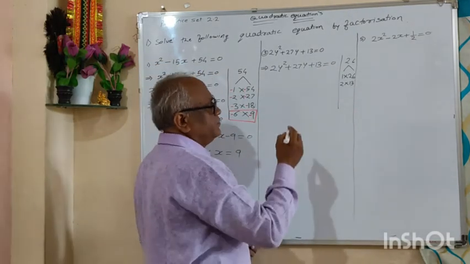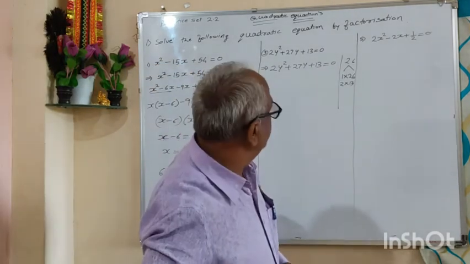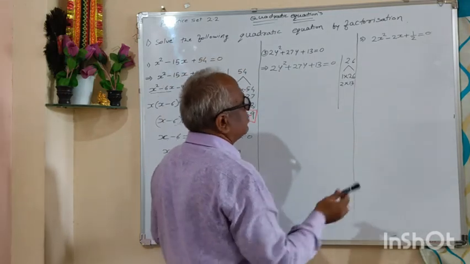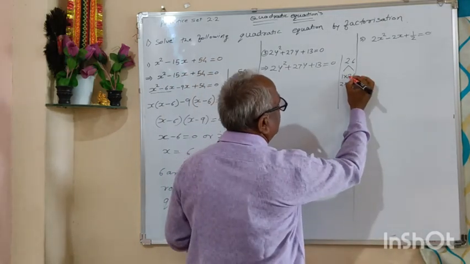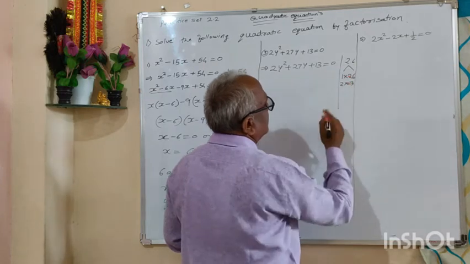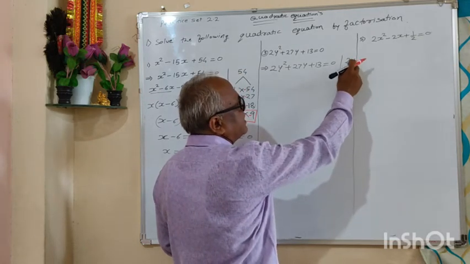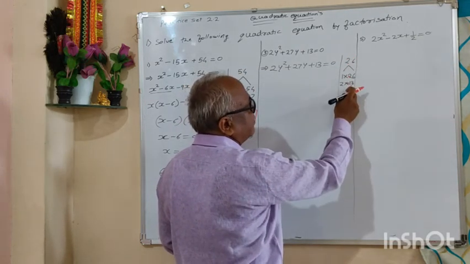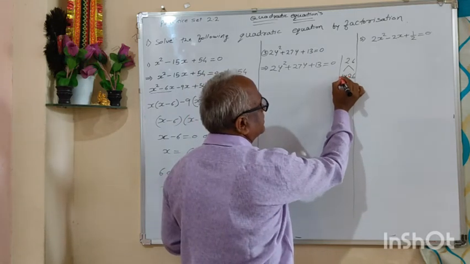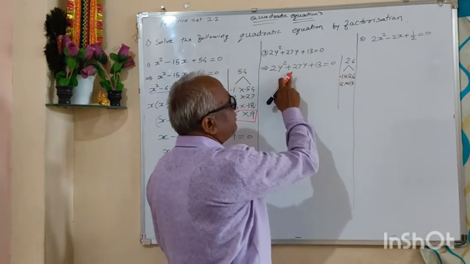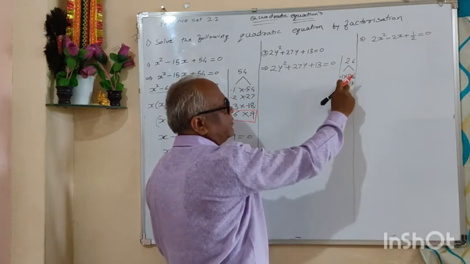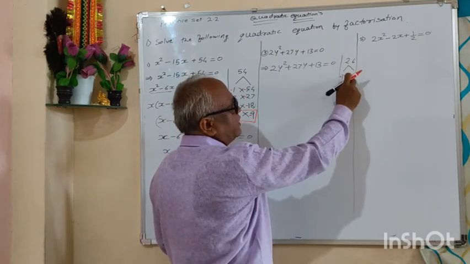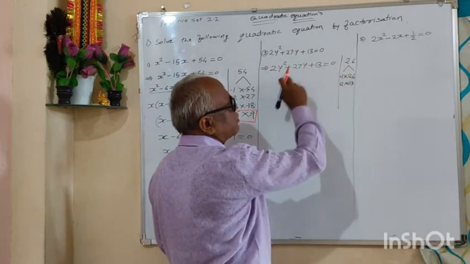Now here the middle term has a plus sign. So give that plus sign to the greater number. Now here 26 is also a positive number. Plus into plus is plus. So now the middle term is plus 27. Forget this multiplication sign. Plus 26 plus 1, that is plus 27.